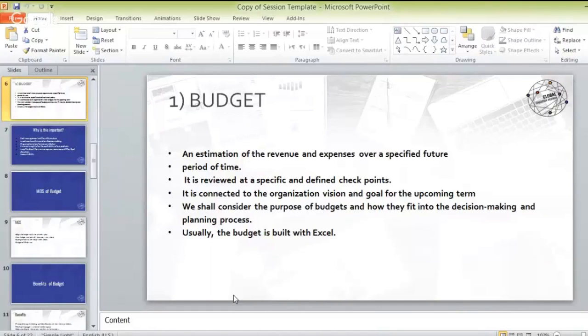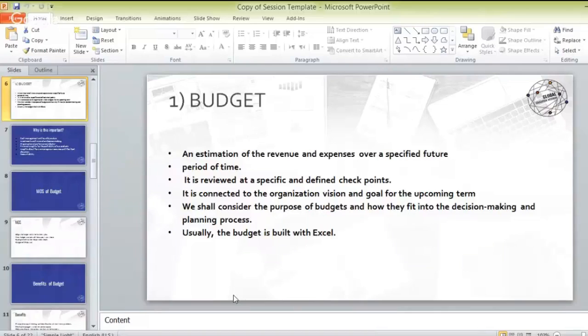The second point is, after I formulate this and create this template, I already put my revenues and all my expenses. I check that this is everything that I have in the future period of time. I put checkpoints to get the budget reviewed at specific, defined checkpoints over time. So now I put a budget for 6 months. That doesn't mean that that's it, that's the budget for 6 months and I can't change anything.